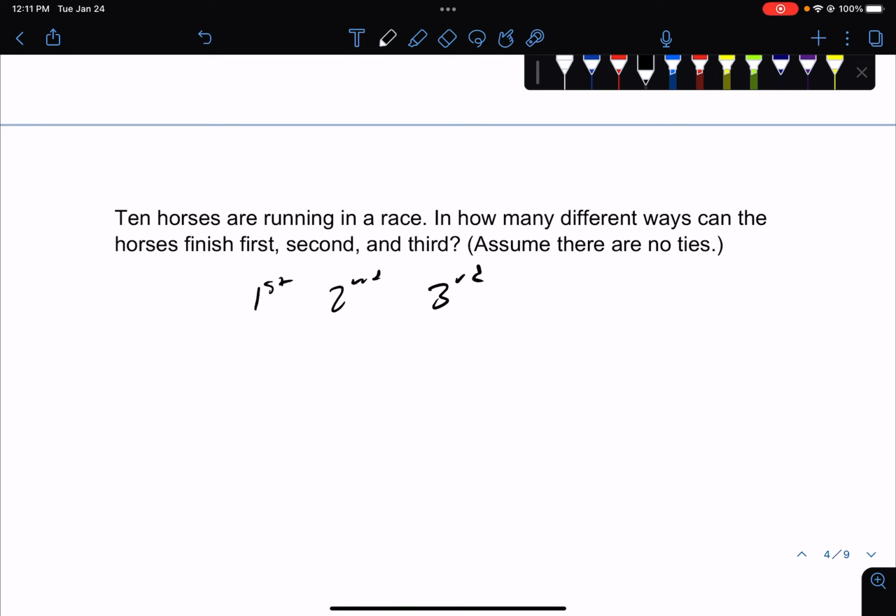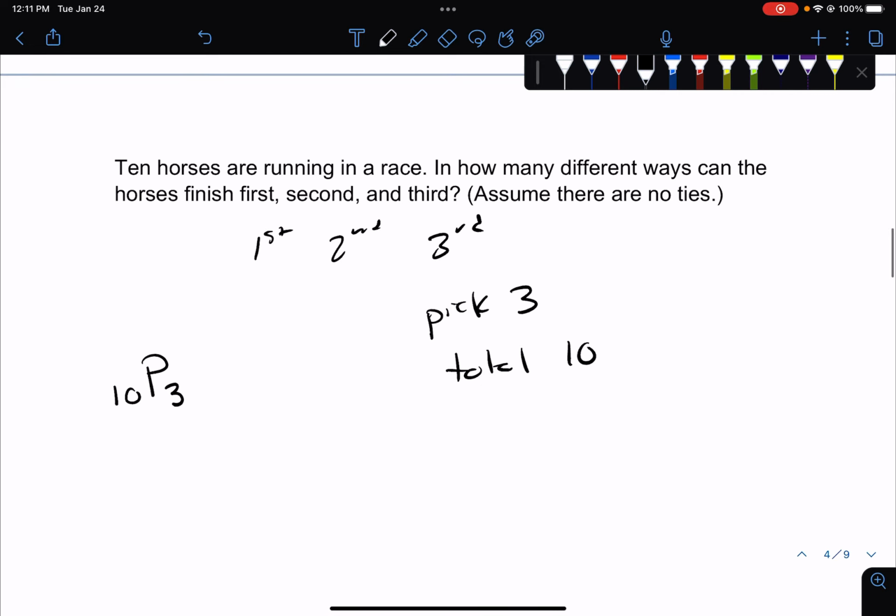So I'm only picking 3, and I have a total of 10 horses. So what that looks like in my formula is out of 10 horses, I'm going to permutate 3 of them, right? Because the order does matter. First, second, and third are different places, so the order that they come in matters.